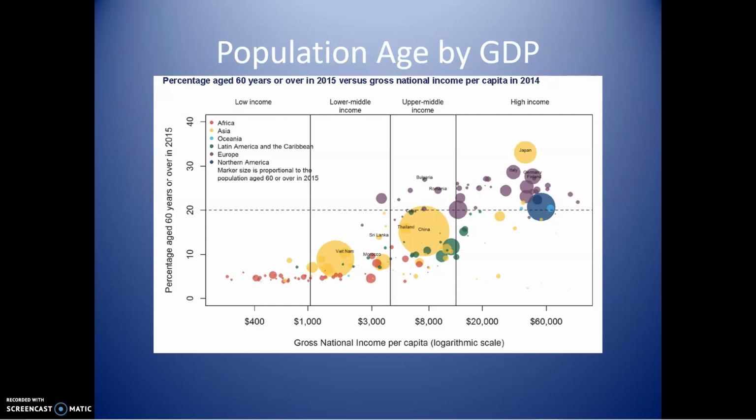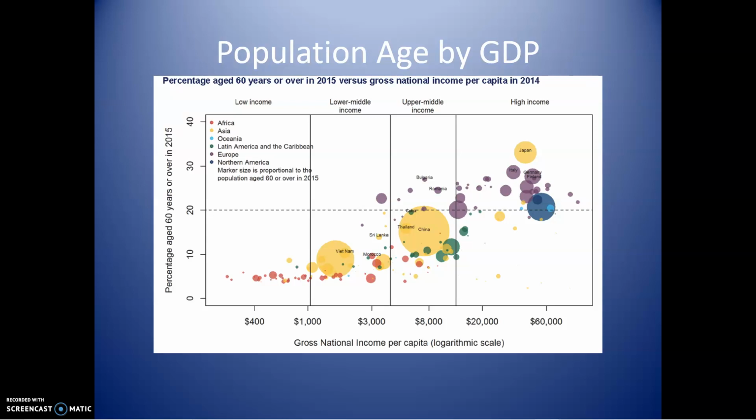This graph from the World Health Organization shows the size of the population over 60 and the percentage of people over 60 in each country across the globe.